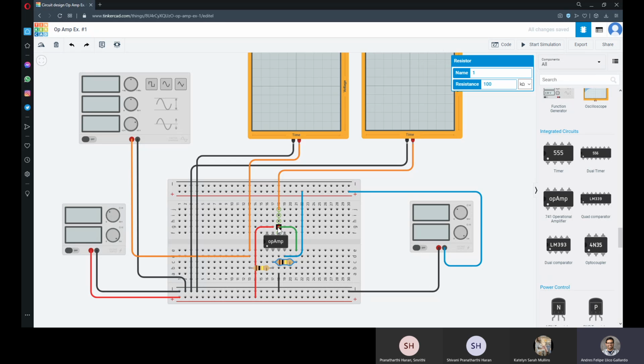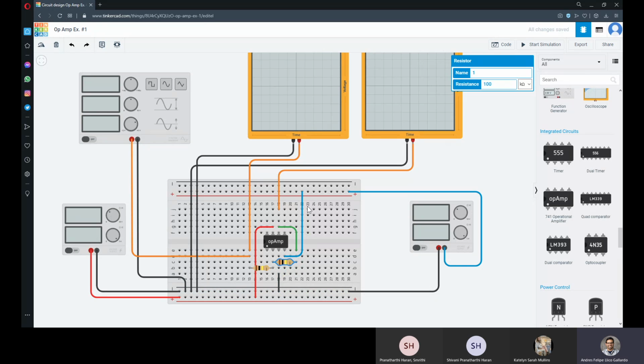So this is the configuration that I showed you before on the slides, where the negative is connected to both the input through a resistor and to the output through another resistor, and the plus terminal is connected to ground.